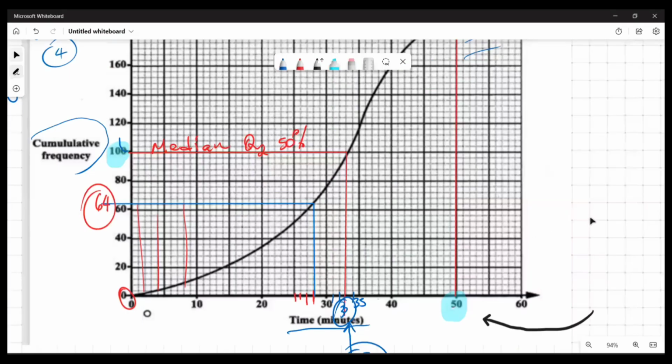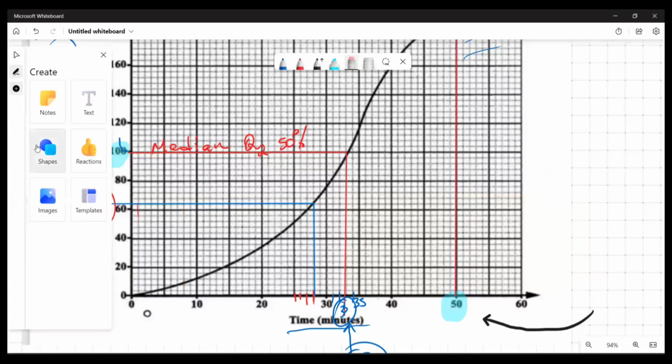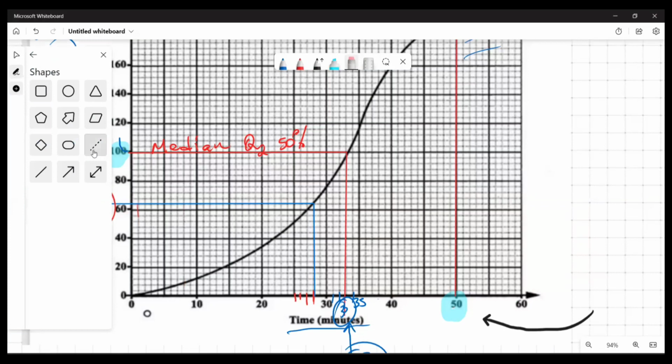20.5. So let me clear off some of this stuff. Here's 20.5. 20.5 is between 20 and 21.